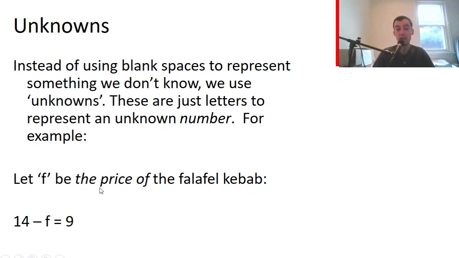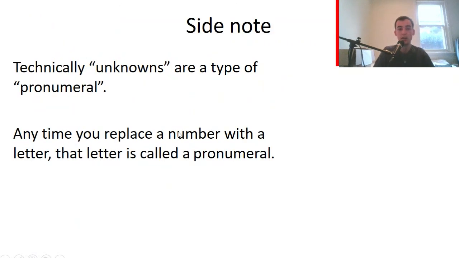But if you say this F is not talking about the kebab, it's talking about the price, which is a number, it makes more sense. $14 minus however much the falafel kebab cost, the price of the kebab, equals 9. Okay? So these unknowns are always talking about a number. They're always representing a number of some sort that we don't know.